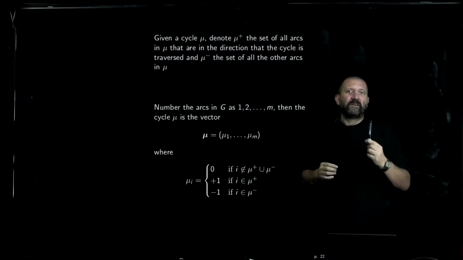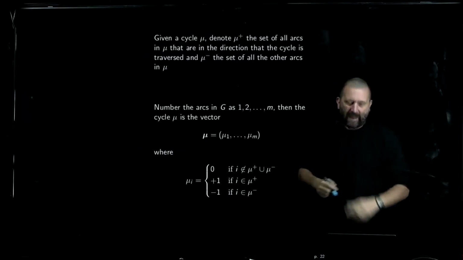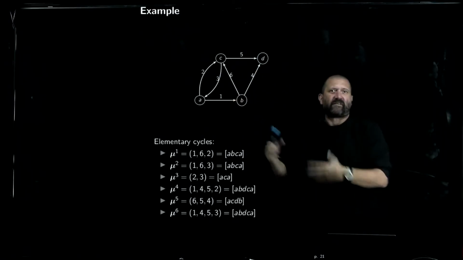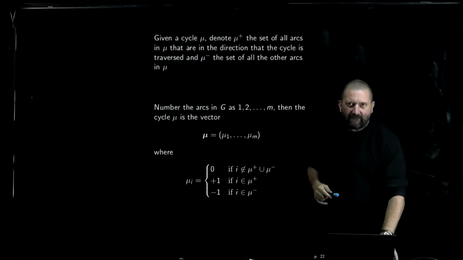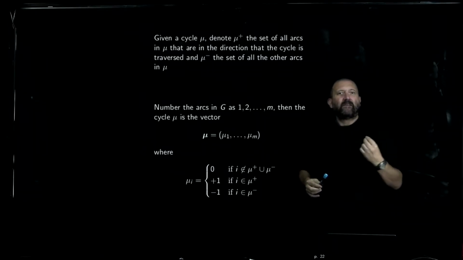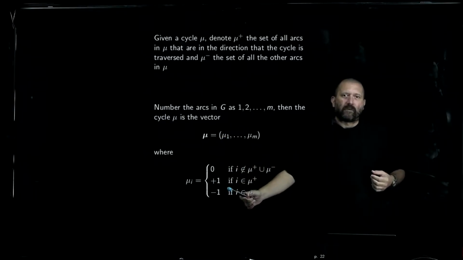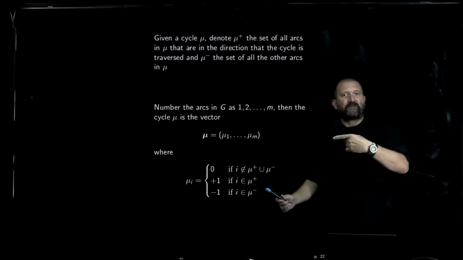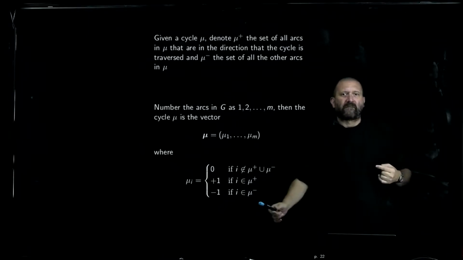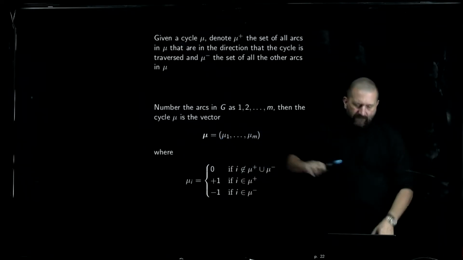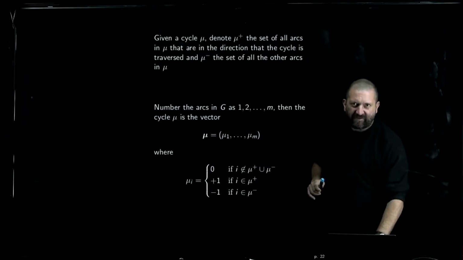And if I number the arcs in the graph as 1 to m, as we have done here, 1 to 6, the 6 arcs, then I can think of a cycle as a vector that says how each arc is traversed, whether it's going in the positive direction or the negative direction, or if it's not traversed. Let me go back to this previous example.